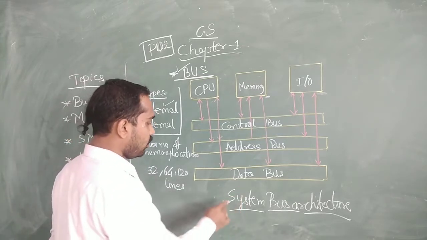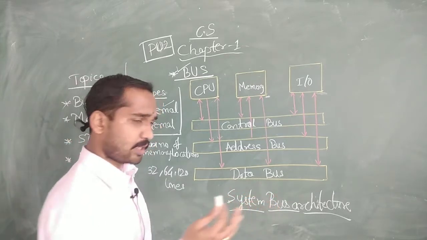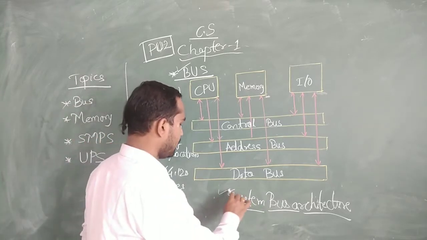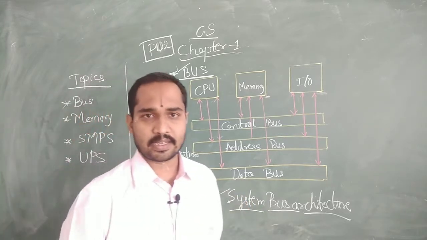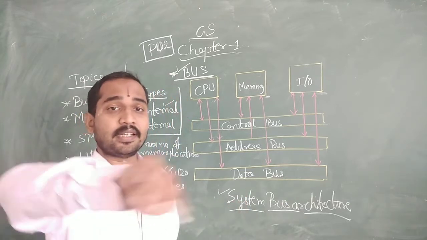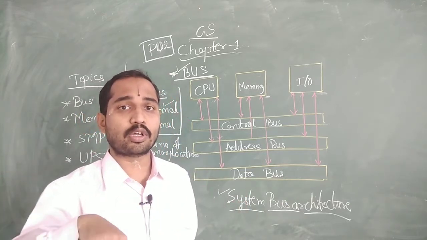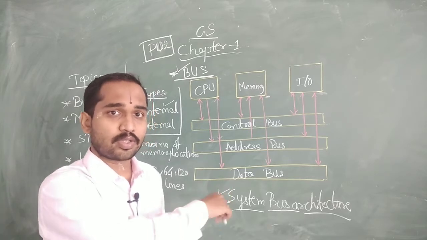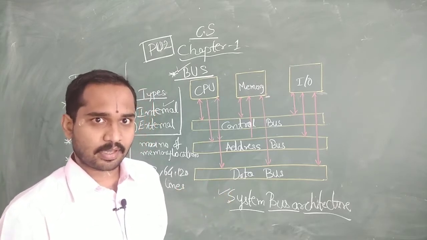Now for a 3-mark question, we have a detailed system bus architecture. Now you can understand what the system bus is. It is the internal bus. Inside the motherboard, what all sets of cables are there that constitute the system bus? Am I right?